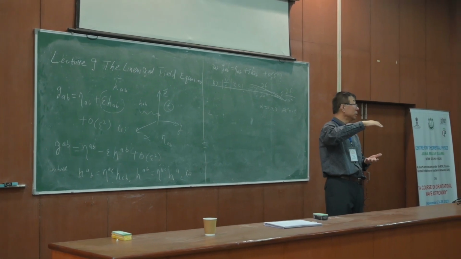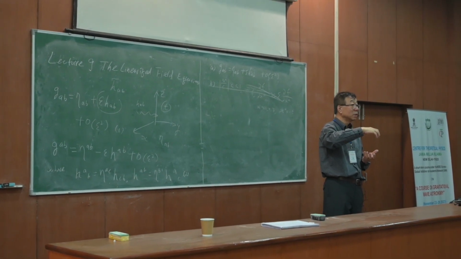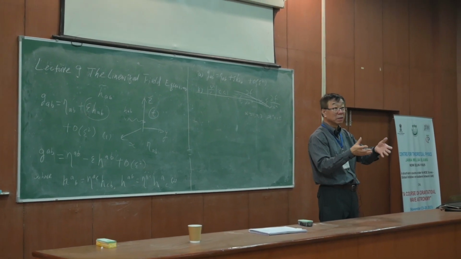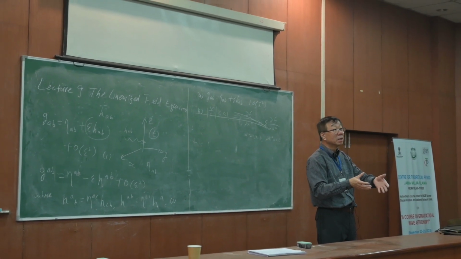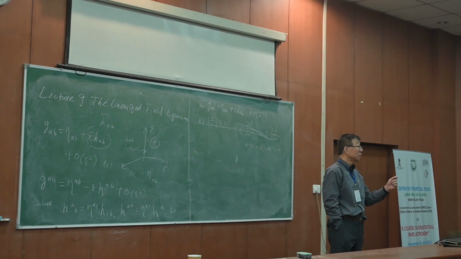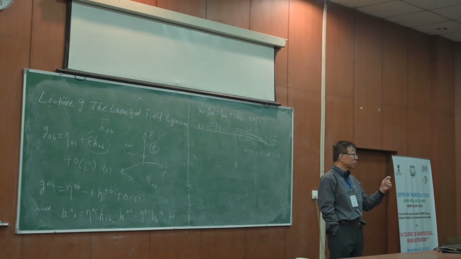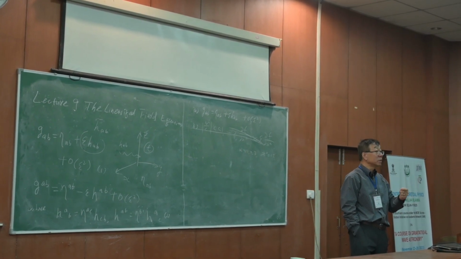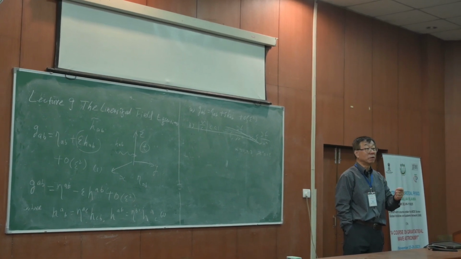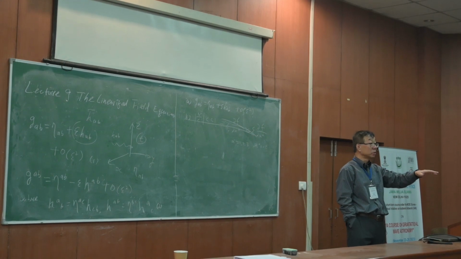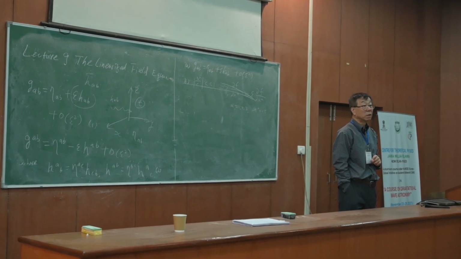The waveform keeps all the information we want about the strong field regime. That's why, although gravitational waves are so weak when we observe them, they still give us all the information from when they were emitted. So we are studying strong gravitational field phenomena.